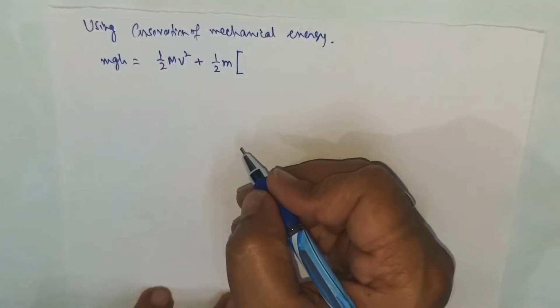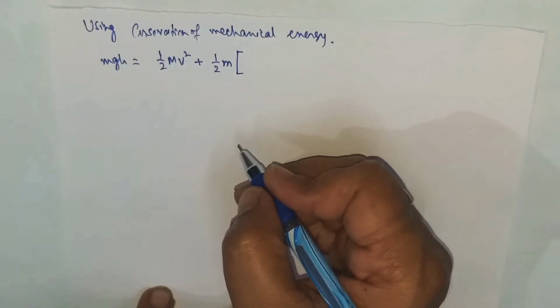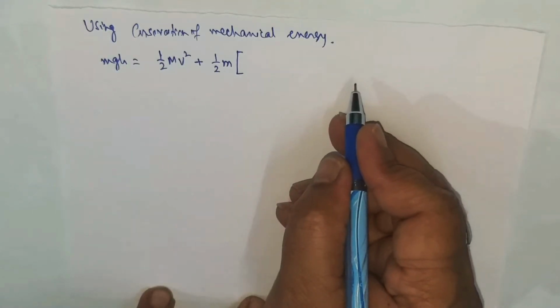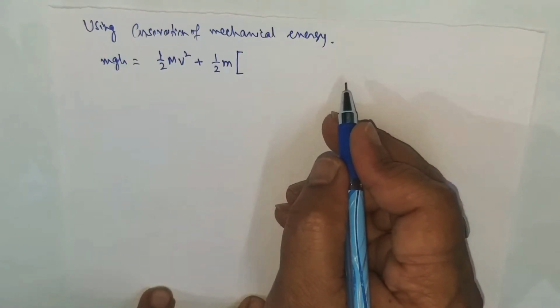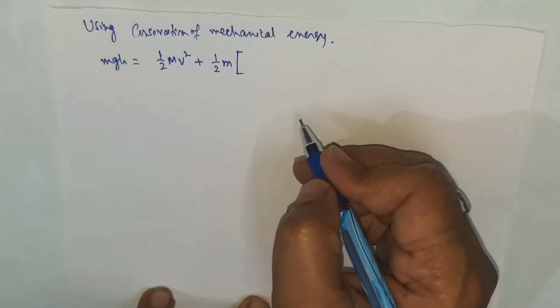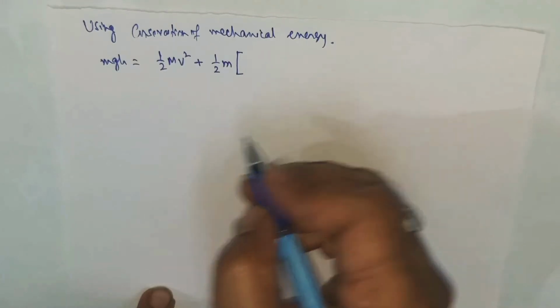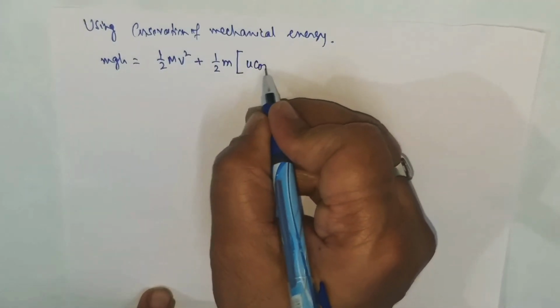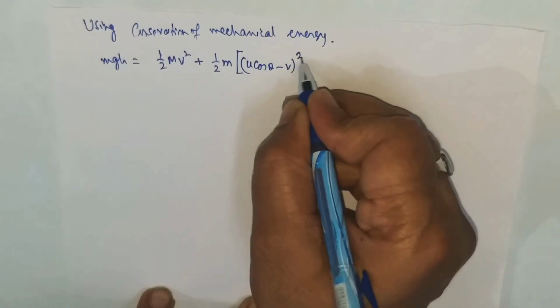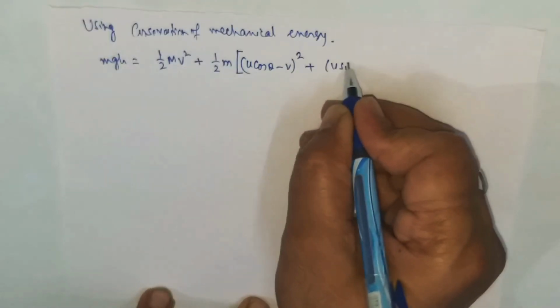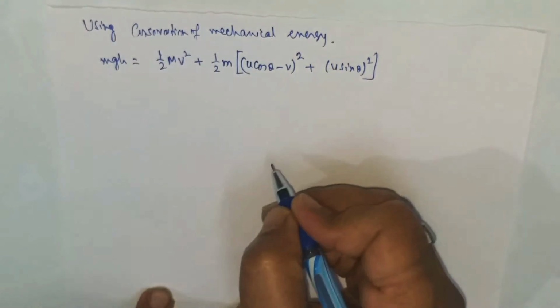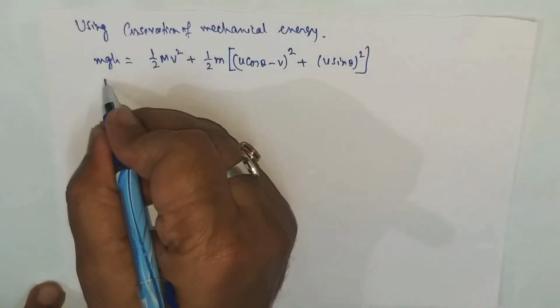Now the particle has two components of the speed. The x component was u cos theta minus v, you remember, and the vertical component was u sin theta. Therefore, it should be u cos theta minus v whole square, and u sine theta whole square. Let's try to simplify this expression as far as possible.